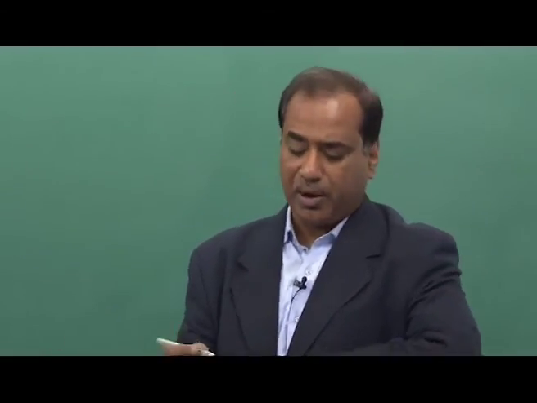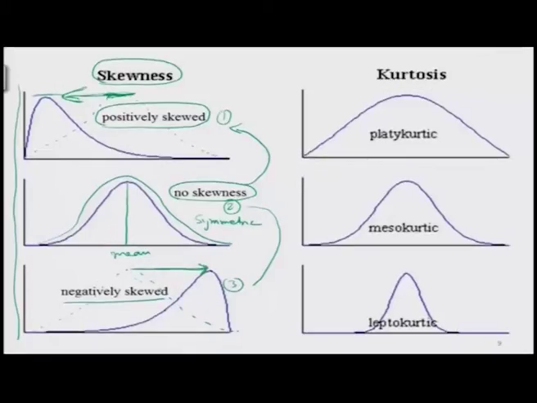In figure number 1, say this is 8 a.m., then 10 a.m., and then 2 p.m. This is my time. You can see that the number of vehicles increases from 8 a.m. till 10 a.m. and after that starts decreasing. This type of data feature can be studied by the concept of skewness.